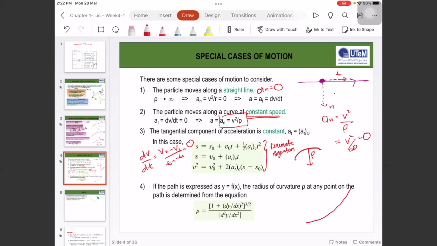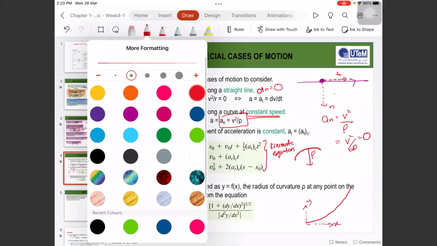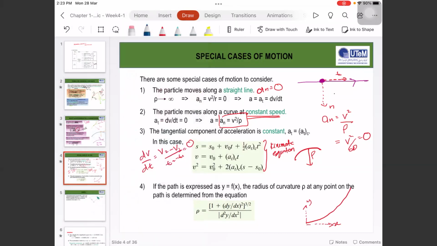Let's say this is y, and this is x. The particle moves along this path. Let's say the path has its own equation, for example y equals x squared.